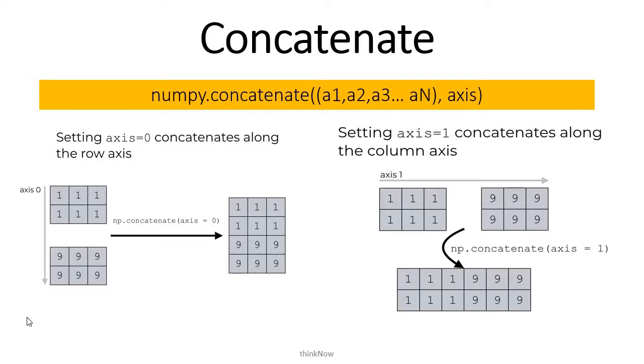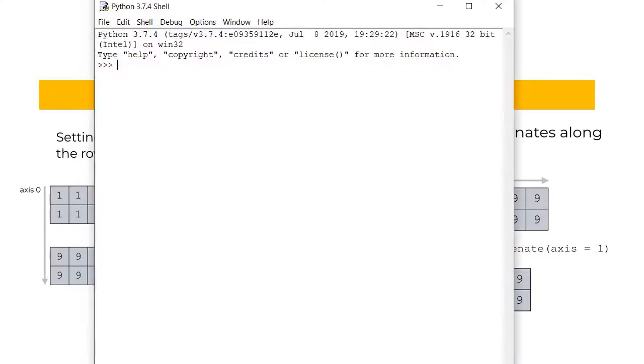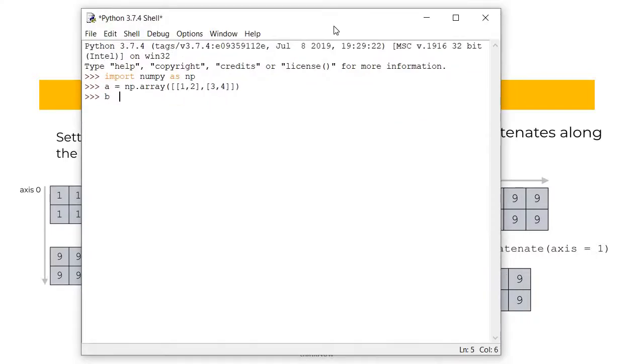We can better understand this using code. So here I've created both my arrays to be concatenated. So I can write my concatenate method without mentioning the axis, and the axis will be taken to be 0 by default.